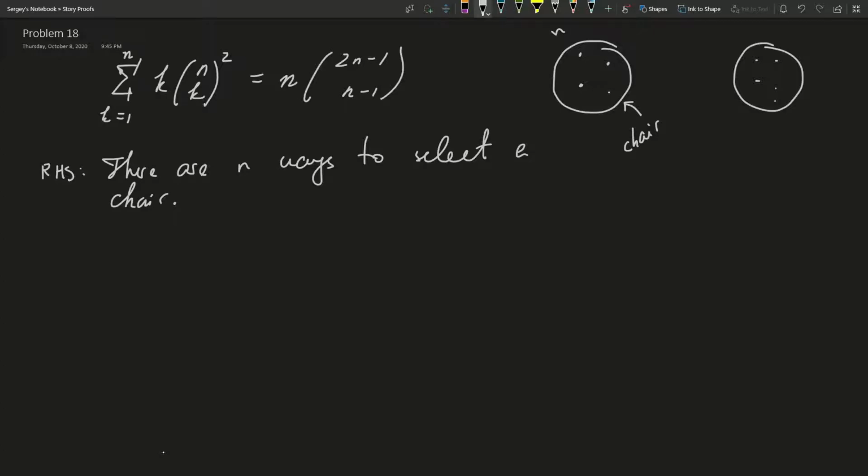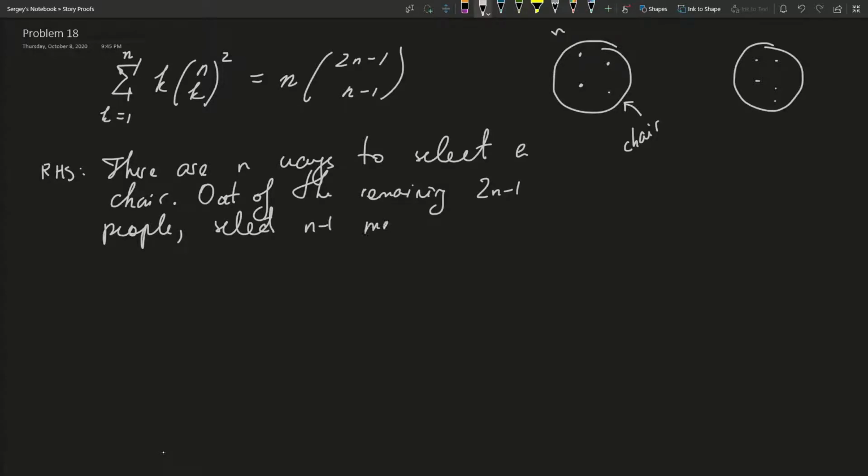Now, once we've selected a chair, we have a total of 2n minus 1 people. And out of those 2n minus 1, we need to select n minus 1 for the remaining n minus 1 members of our committee. So, out of the remaining 2n minus 1 people, select n minus 1 members.